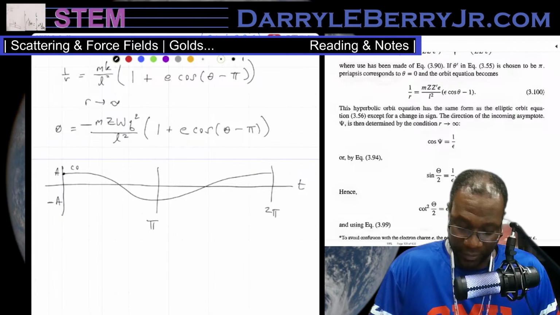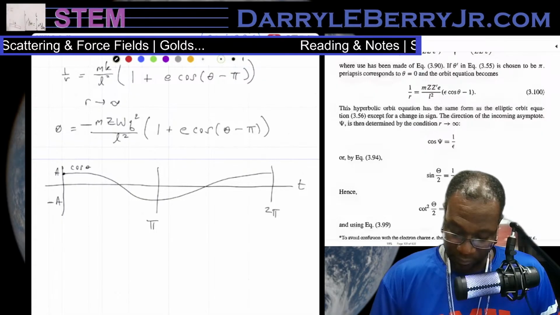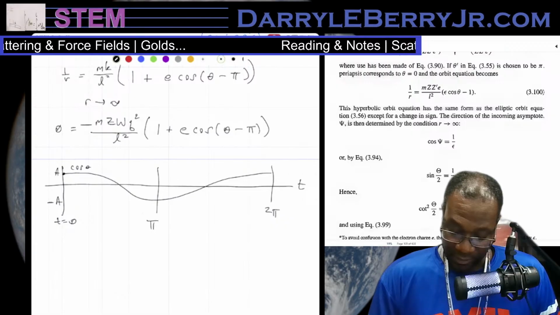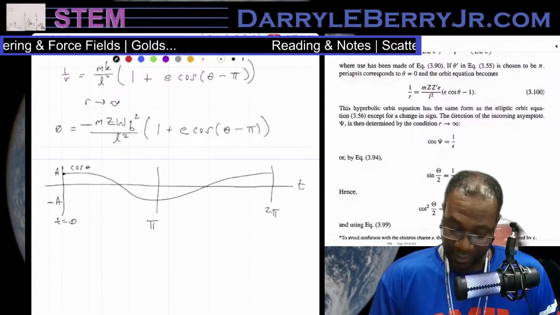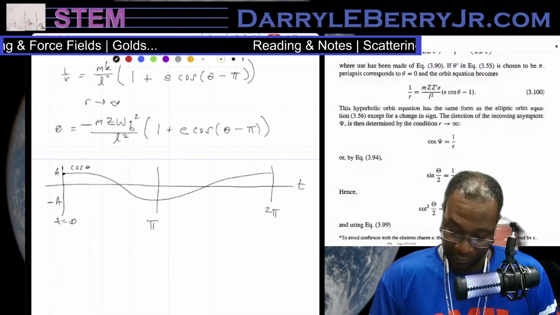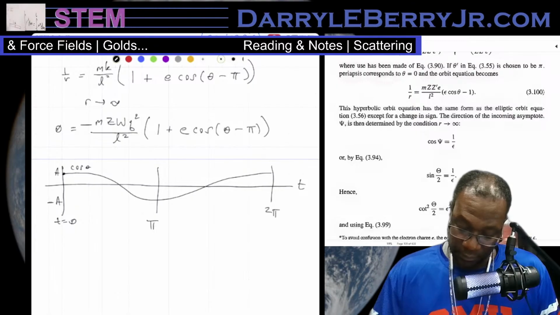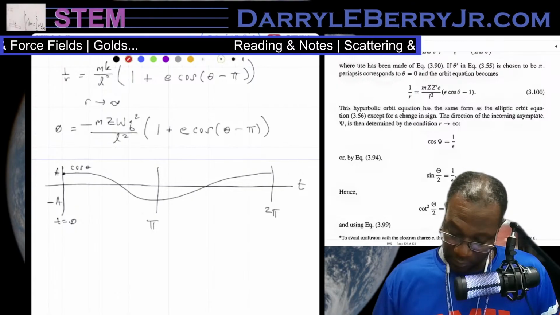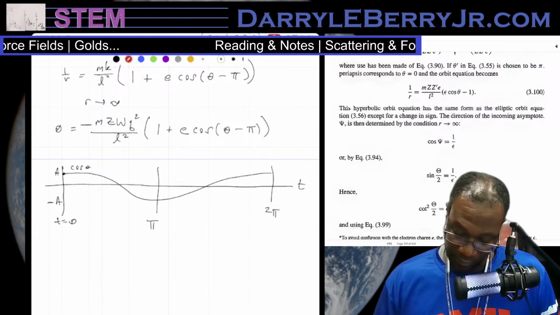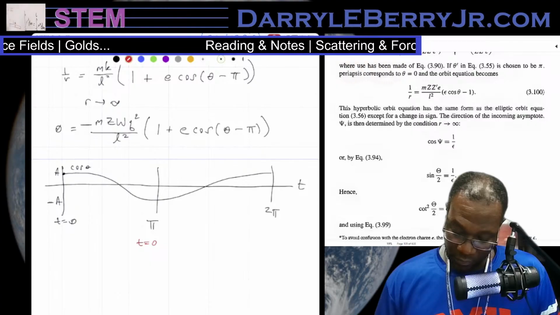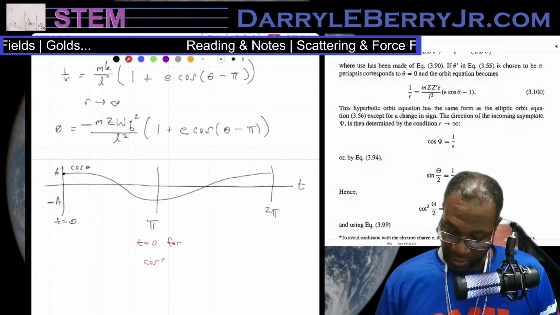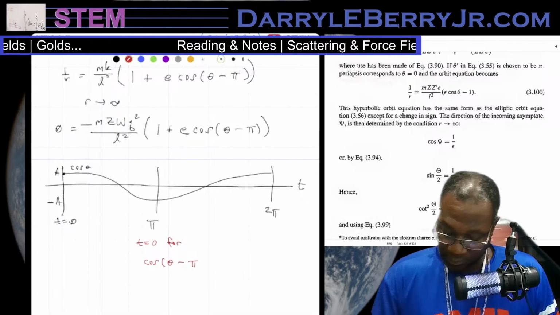So this is cosine theta. This is t equals 0. And if I shift this to the right by pi, t equals 0 for cosine theta minus pi.